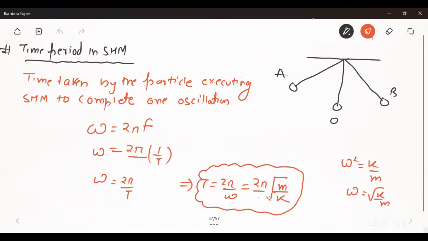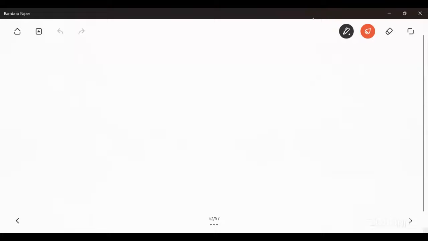Now next is time period of simple pendulum. Once a question came in your previous year: what is a simple pendulum and what is the time period of simple pendulum. We can do it in the form of a long answer type question: what is simple pendulum?